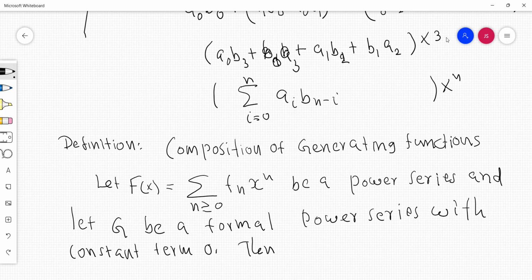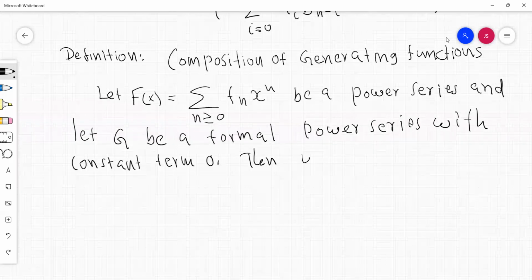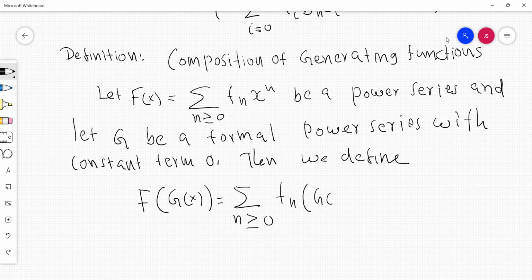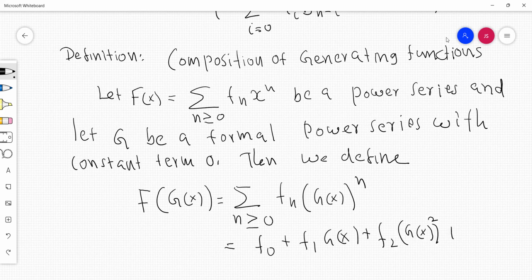Then we define F(G(x)) is equal to F0 plus F1 G(x) plus F2 G(x) squared and so on. Okay, that's it.